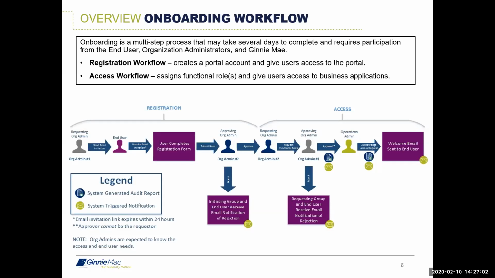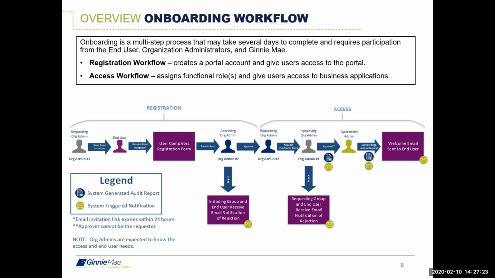And if for any reason you do allow your account to go inactive, those functional roles that were assigned to you will be removed and your account will be disabled. What will have to happen to have your account re-enabled is the requesting organization administrator for your access request.